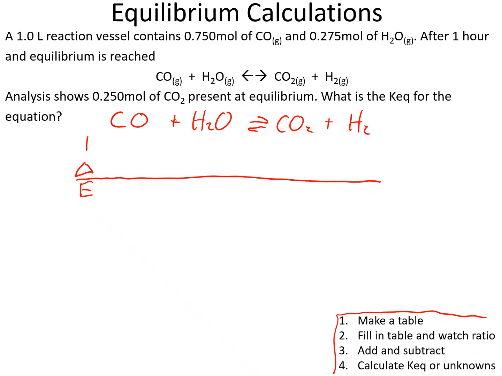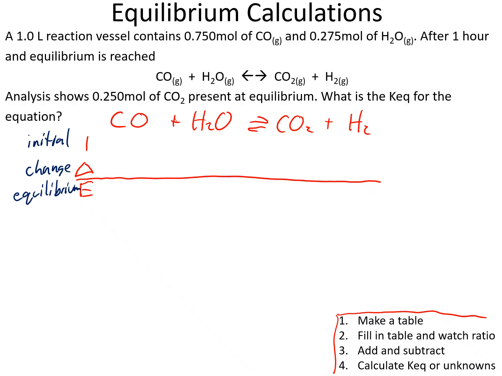And then E stands for equilibrium. I'm going to annotate this with some blue so that we know what these things mean. This means initial, this means change, and this means equilibrium. The stuff that I would write in red is what you would write on your quizzes or tests, and the stuff that I'm writing in blue is just for our notes.